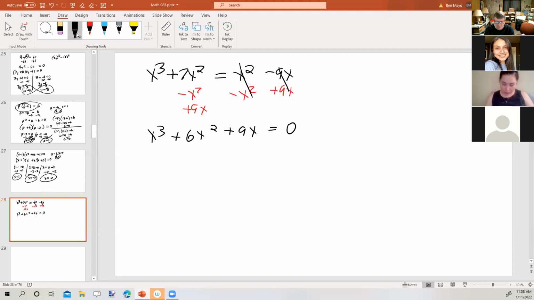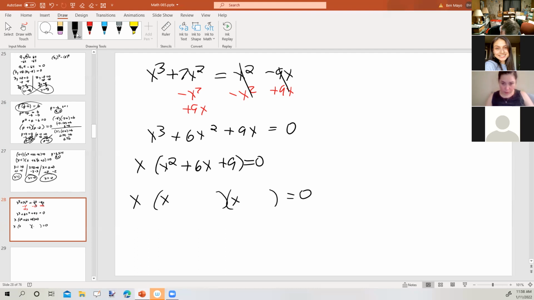So now I have it in standard form, descending powers equal to 0. Well, on the left side, I can take out an x as the greatest common factor. Then the trinomial that's left looks like it might be a perfect square, and it is.